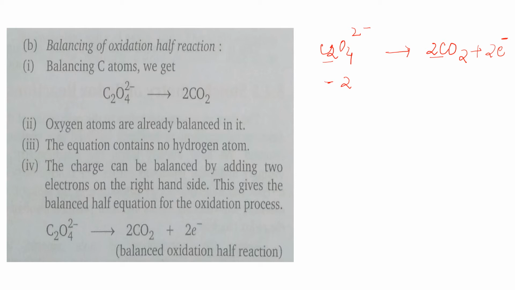So this is my balanced oxidation half reaction: C2O4 2- giving 2CO2 plus 2e-. Now I have got the oxidation half reaction and the reduction half reaction also. Now these two should be equated. Okay, let us see what is there in the next slide.